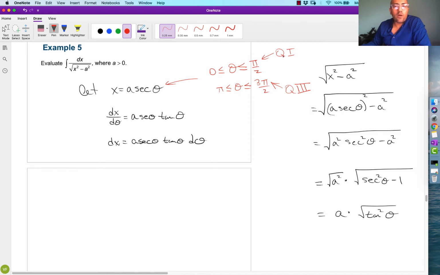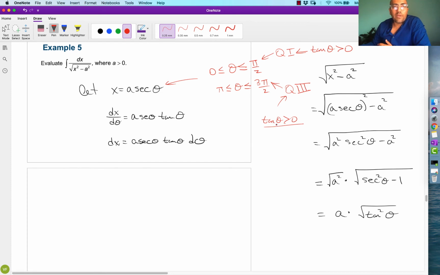Okay. And in quadrant 1, tangent is definitely always positive. Tangent of theta is going to be positive in quadrant 1, and it will also be positive in quadrant 3, right? Because remember, tangent is sine over cosine, and in quadrant 1, both sine and cosine are positive, so that's going to be positive.